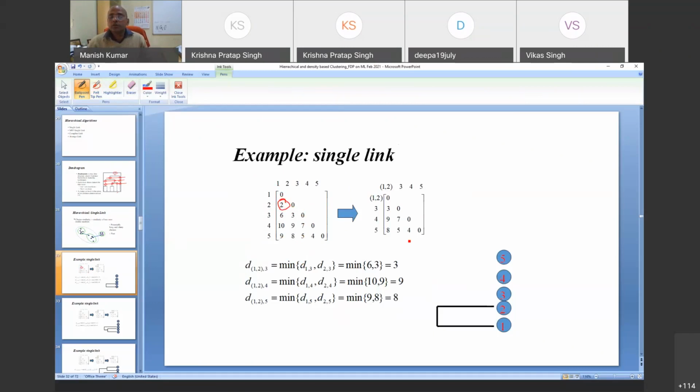So I have merged 1 and 2 because both are very close to each other. Now the moment I move to the next matrix, 1 and 2 will be merged, so these two columns will be merged.